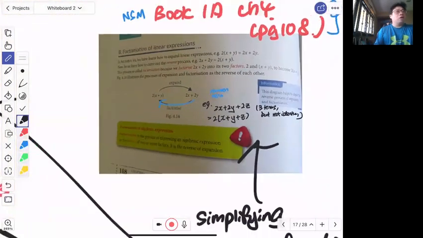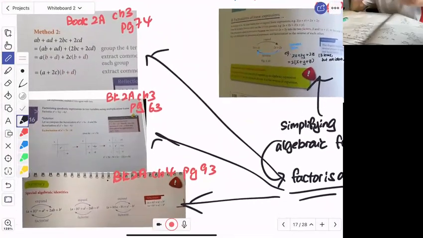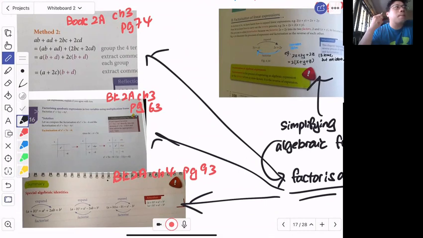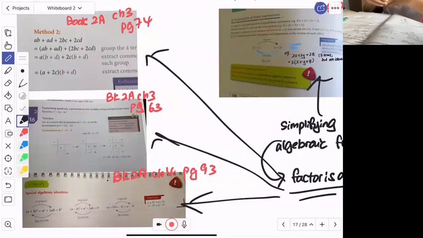Mr. Tan, yes, sorry. You say there are 2 different methods, either the frame method or the common factor one, right? So when do we know when to use either one?